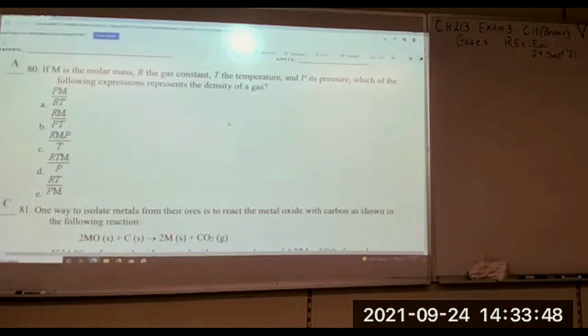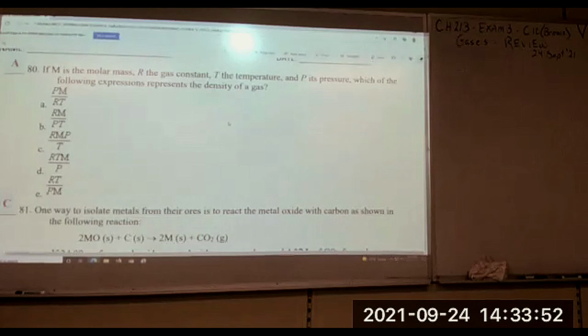So I also wanted to get in here and solve a stoichiometry problem involving gases. I definitely want to do one of those. So let me see. How about 88?